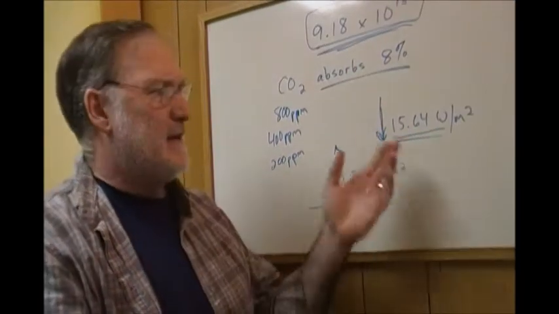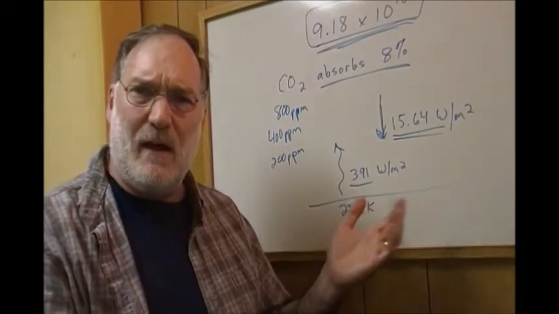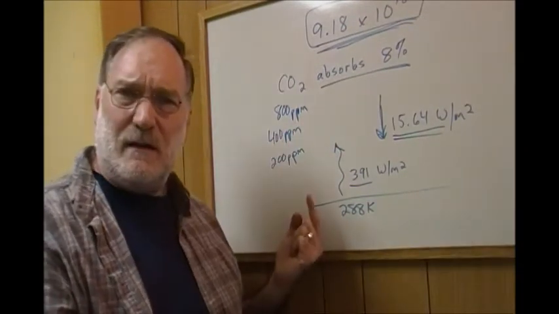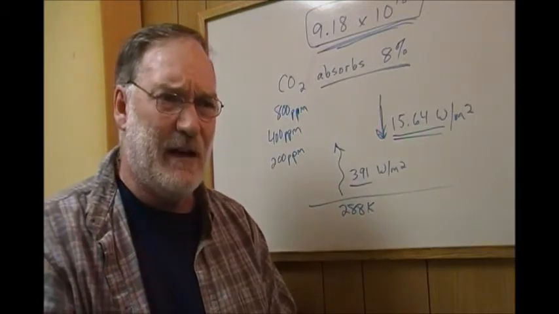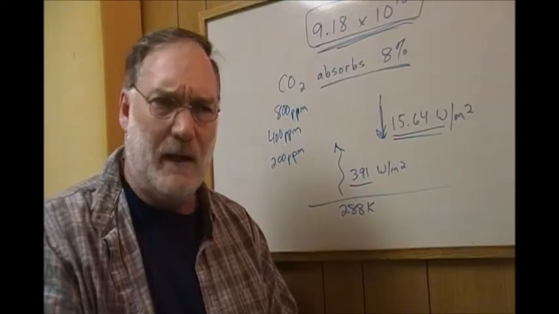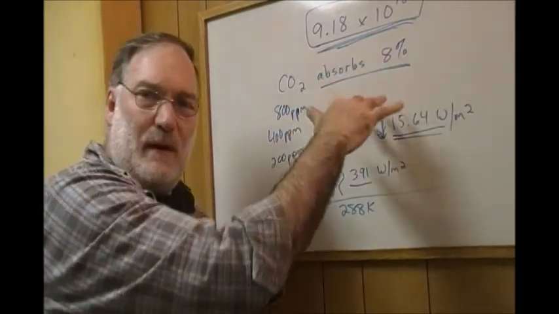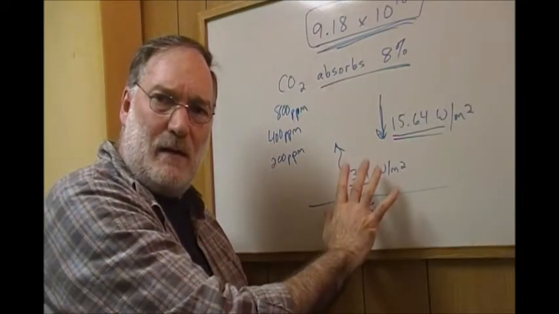So back radiation can slow the cooling, but it slows it the same amount at all of these concentration levels. The ground will only be warmed if the radiation coming from the atmosphere is greater than the radiation coming from the ground.